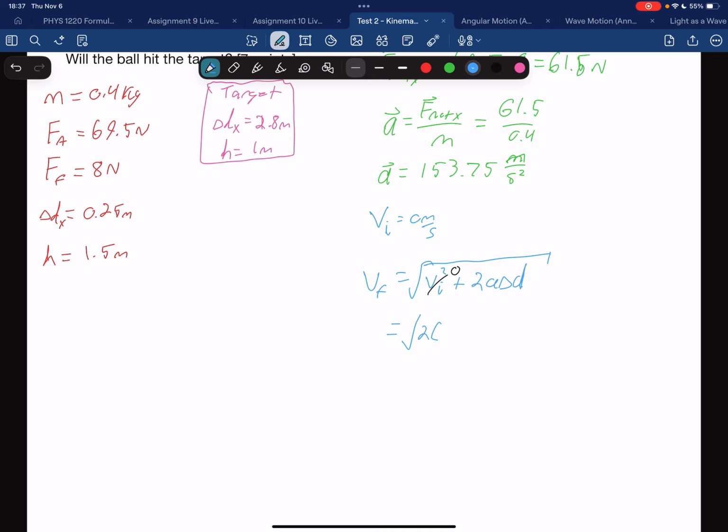So this is going to be 2 times, not 9.8, which I almost wrote. This is going to be 2 times the acceleration we just calculated, because we are working in the x direction right now. The track is 0.25 meters long. So this gives us a final velocity of 8.77 meters per second.